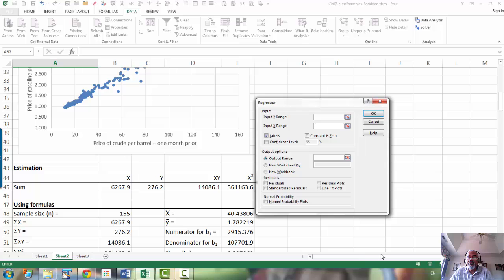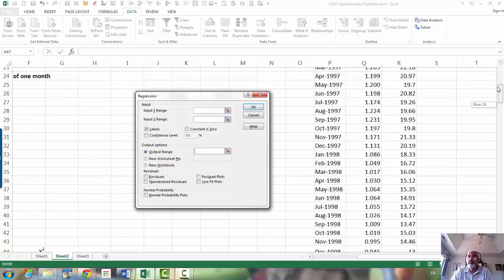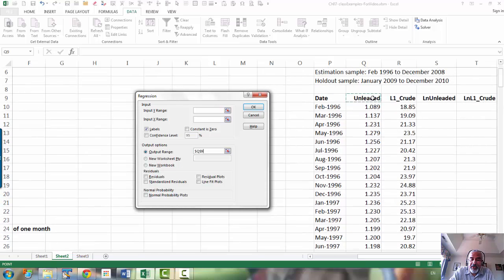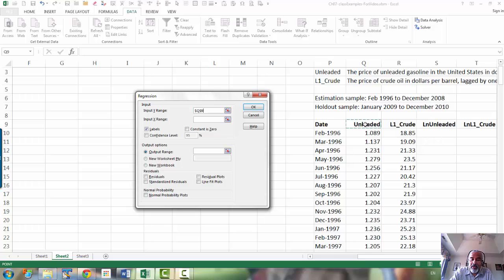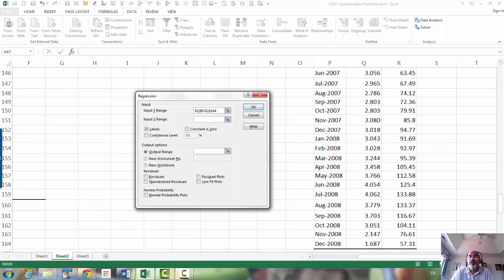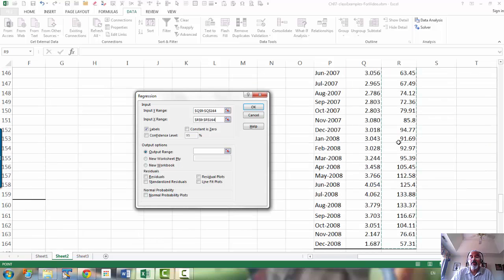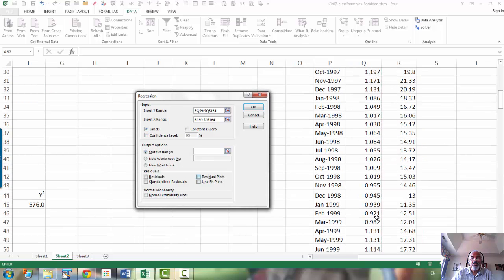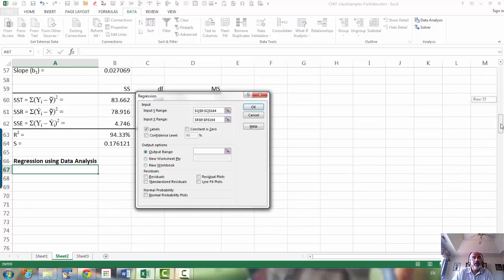Now the Y range is the unleaded column, the X range is the crude price column, with labels, and let's put the output range right here.